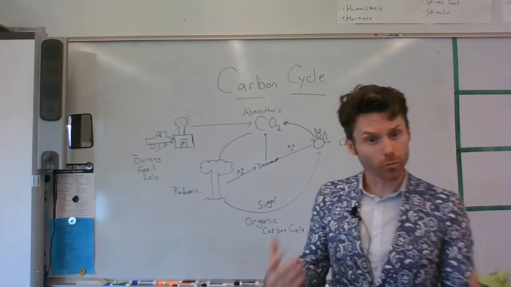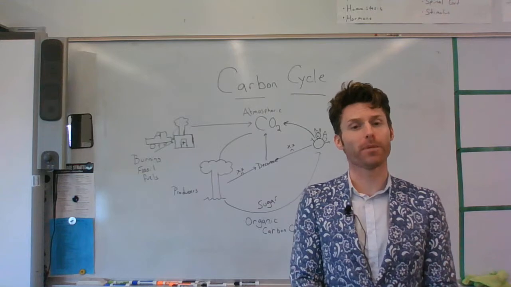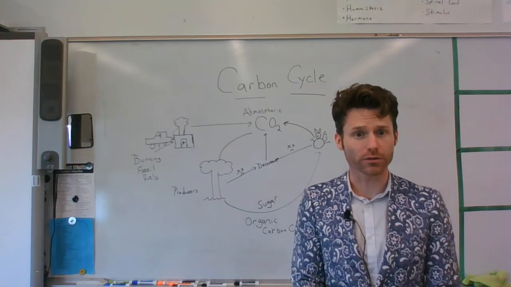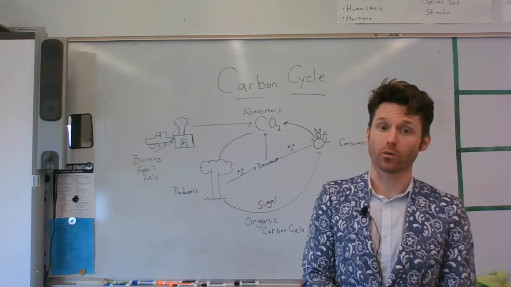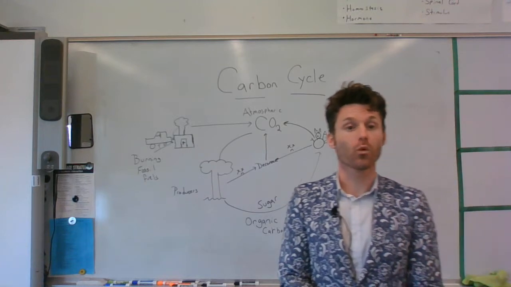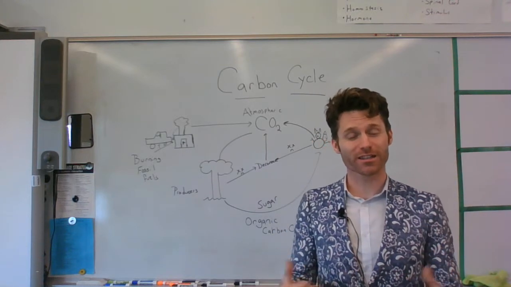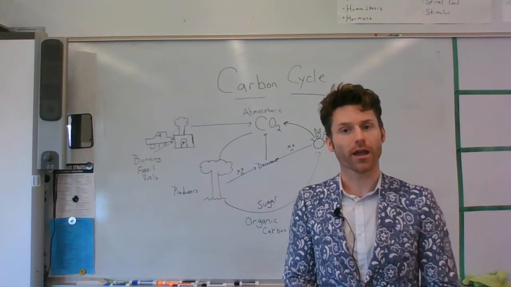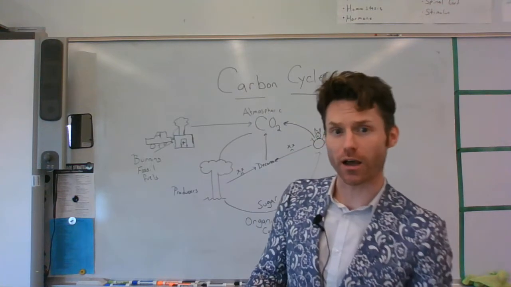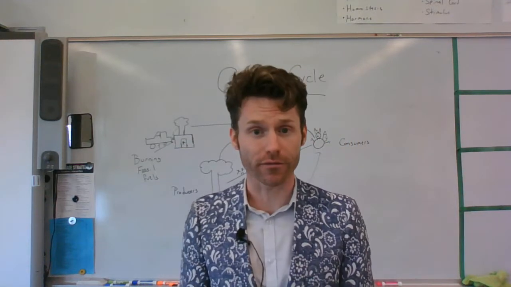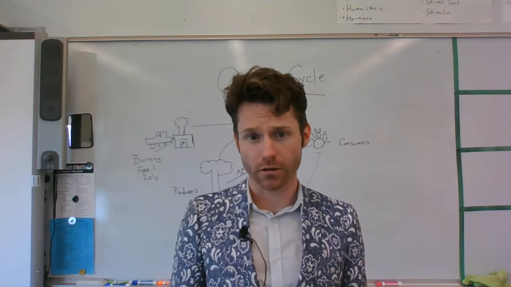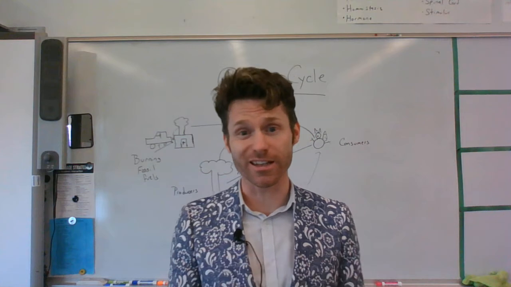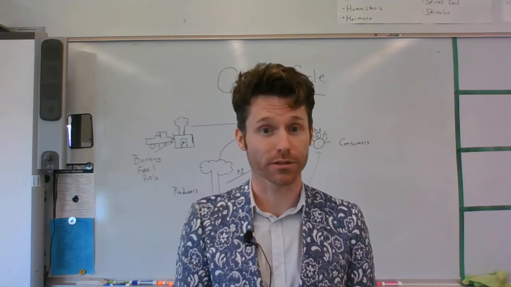Now, as humans, right, who have started burning fossil fuels, such as coal and oil, we have drastically increased the carbon output for this planet. The fossil fuels are made out of things that used to be alive. And so all of the carbon that was in those things is being released as carbon dioxide when they are burnt.